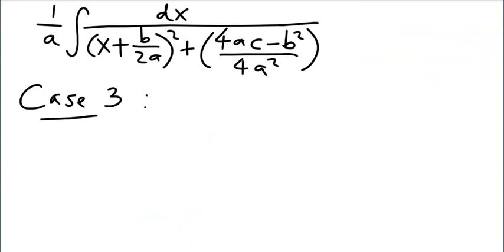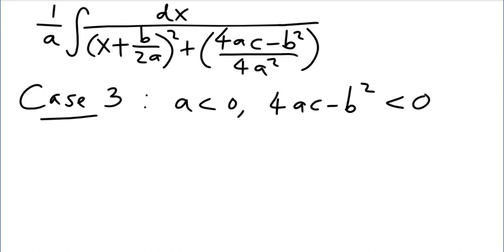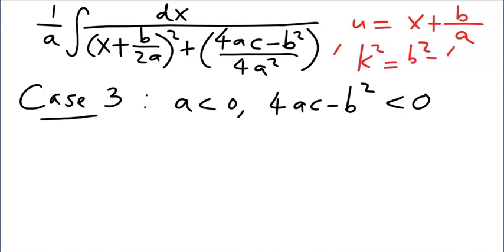Finally, case 3. Case 3 is when a is negative and 4ac minus b squared is negative, as for the second case. So as before, we define u, a new variable, to be x plus b over 2a, and k squared to be b squared minus 4ac over 4a squared.